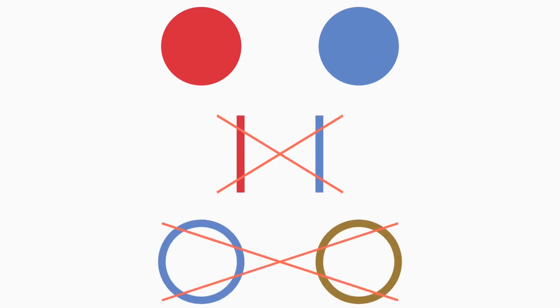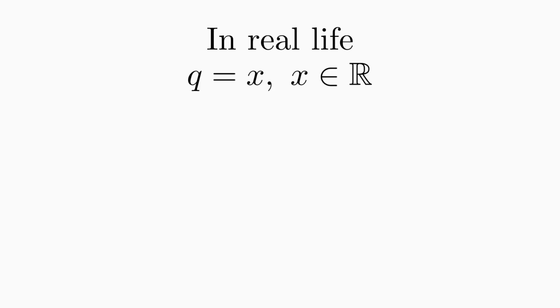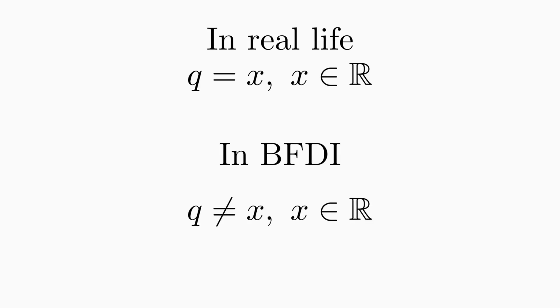Note that this only applies to point or spherically symmetric charges, and not other things like two infinite plates or the blue and yellow shells. The main difference between electromagnetism in real life and in BFDI is that in real life, charge is a real number, but in BFDI, charge can't be represented by a single real number, since there are multiple types of charge, which we see in the interactions between atomic particles.